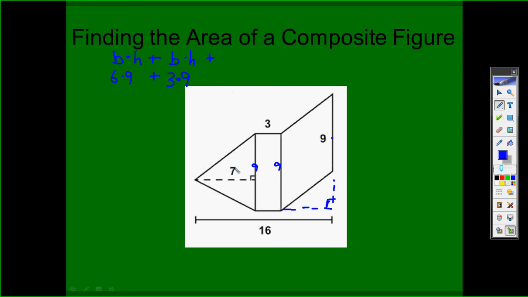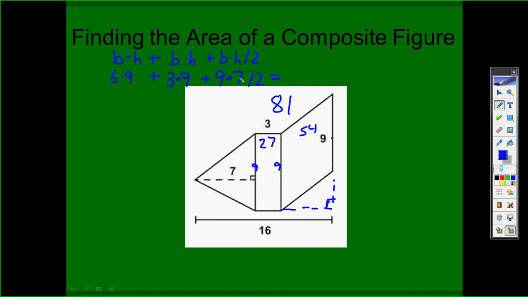Plus I need to find the area of my triangle, which is base times height divided by 2. So I need to add my base of 9 times my height of 7 divided by 2, and this will give me my area of this entire shape. 6 times 9 is 54 plus 27. So the 27, 54, these two make up 81.